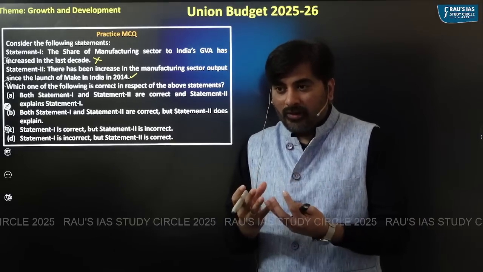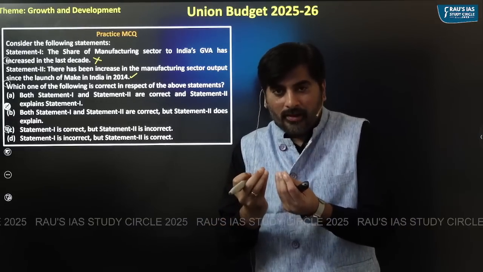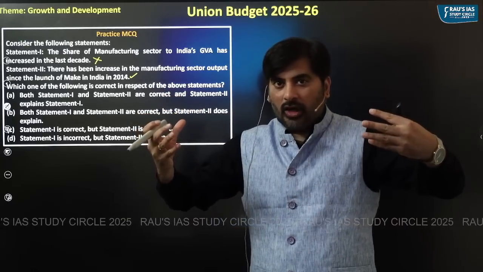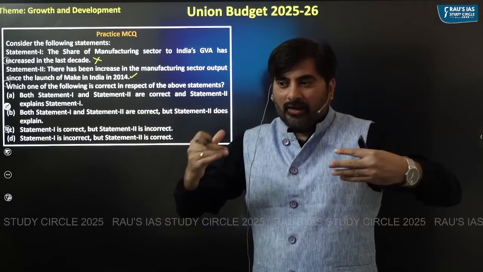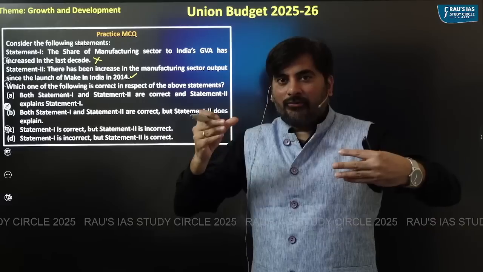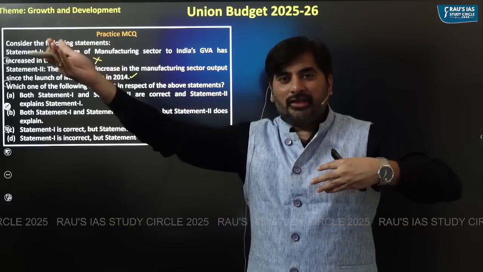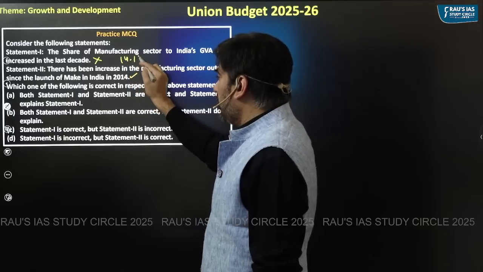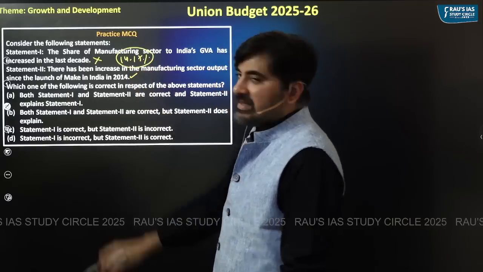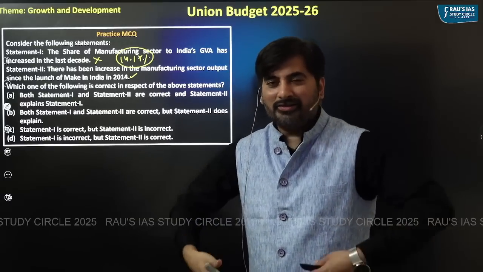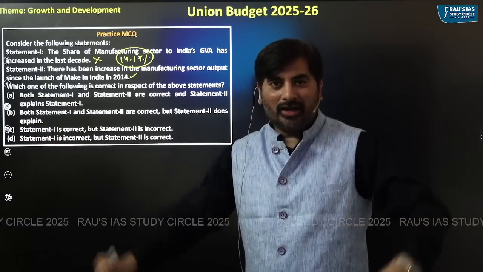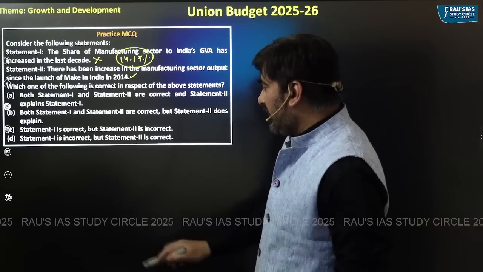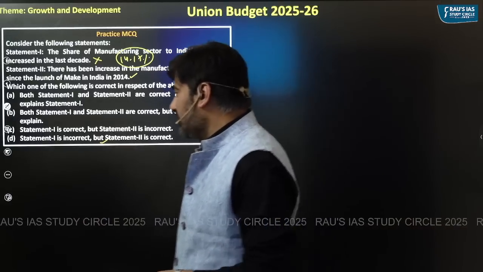When I say output, in terms of absolute value, the manufacturing output has increased. There's no doubt about it. But if you convert that absolute value into a percentage of GDP, that has remained stagnant in the range of 14 to 17, because you must understand our GDP has also increased by a much higher value, right? So that is why the first statement is incorrect, but the second statement is correct.